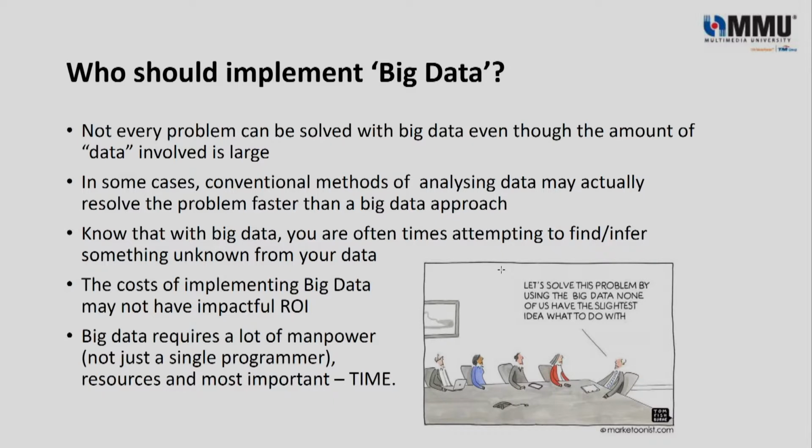Know that with big data, we are often trying to infer something unknown, so we may not be able to have an impactful return on investment. The other main thing is that big data requires a lot of manpower, resources, and most importantly, time. The most important thing is also human talent. You need a lot of knowledge in order to actually implement big data.